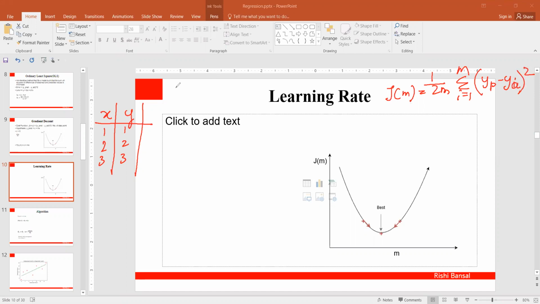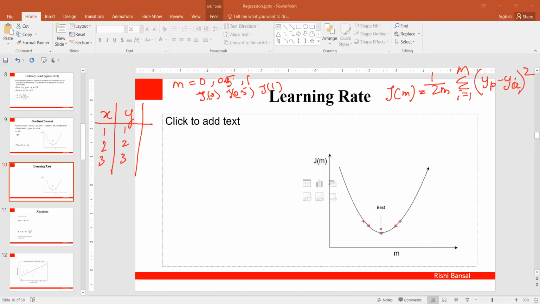Now I am just taking, for example, values of m: 0, 0.5 and 1. We will calculate J0, J0.5 and J1. Okay, that is our goal, just to show you that error will be minimum on which point.